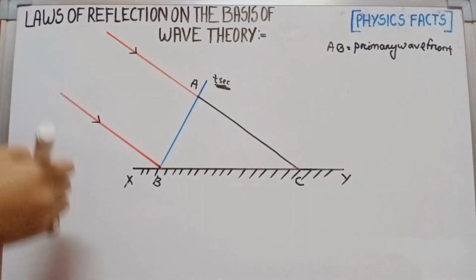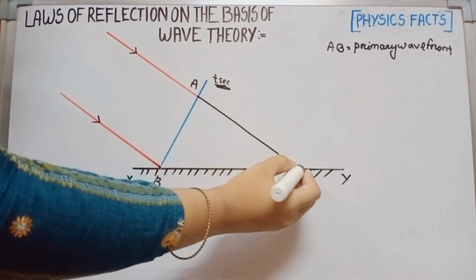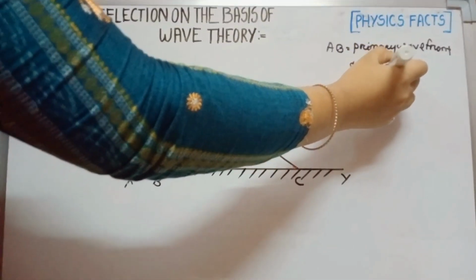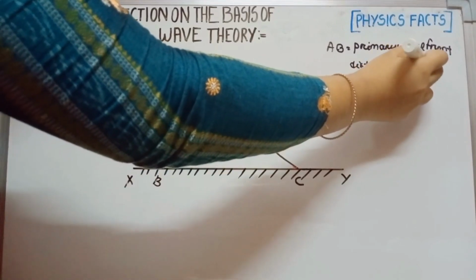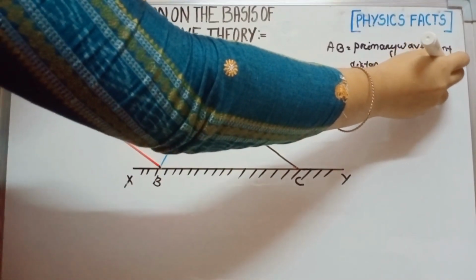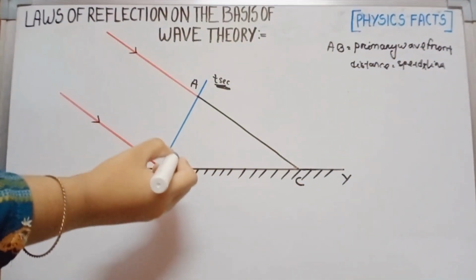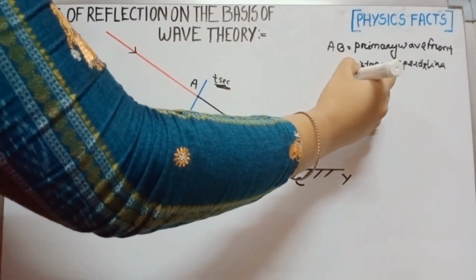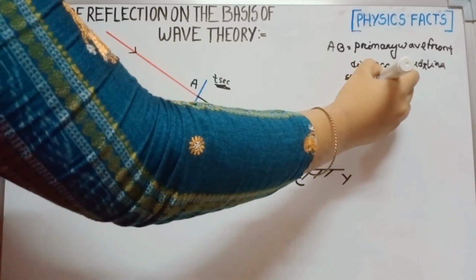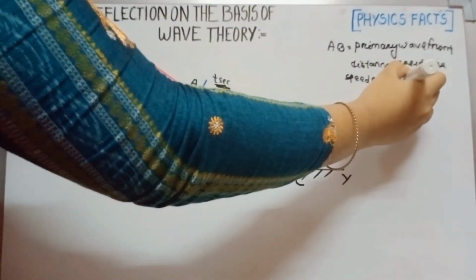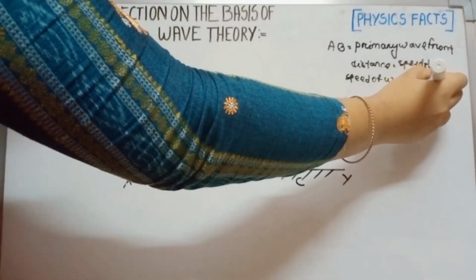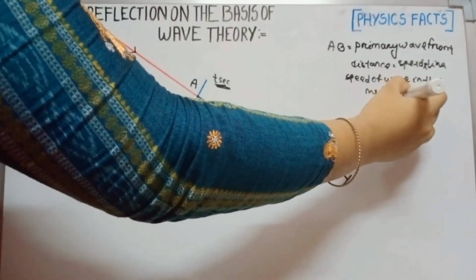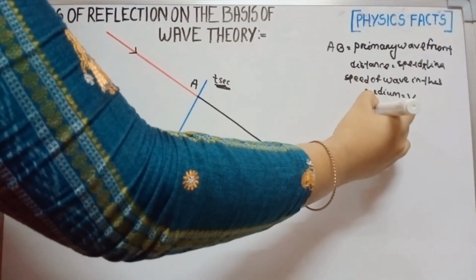That means what is the distance it covered? We know, students, distance equals speed into time. So what is the speed of this wave in this medium? Take the speed of the wave in this medium as v.